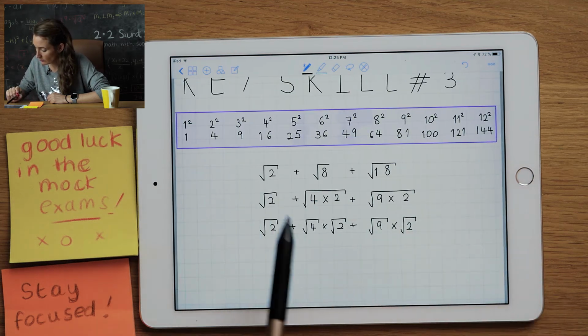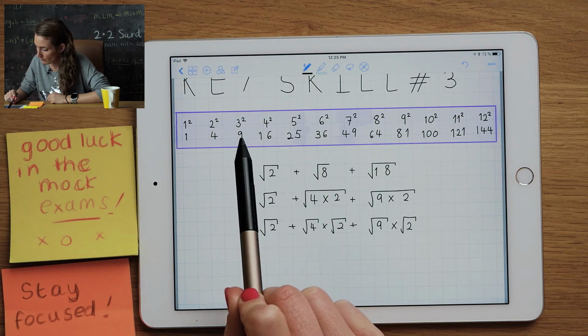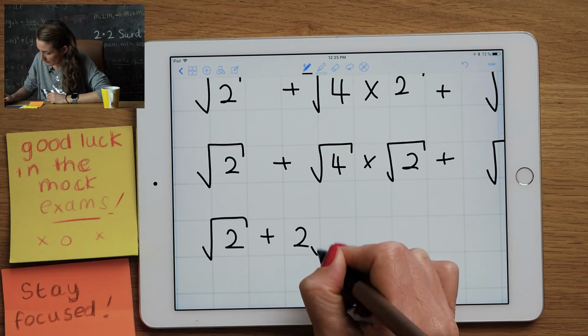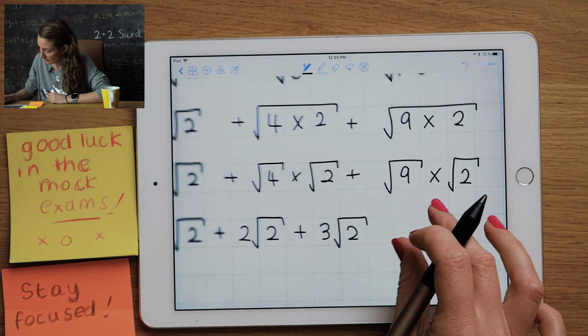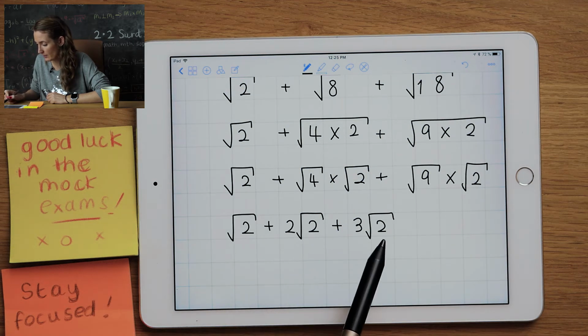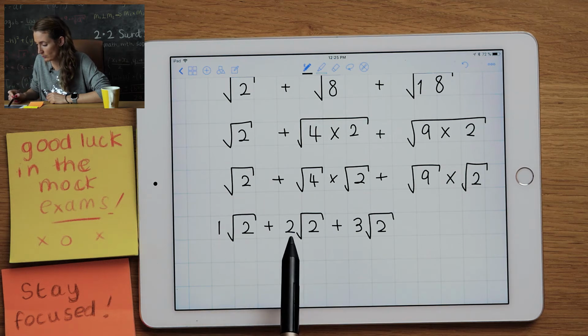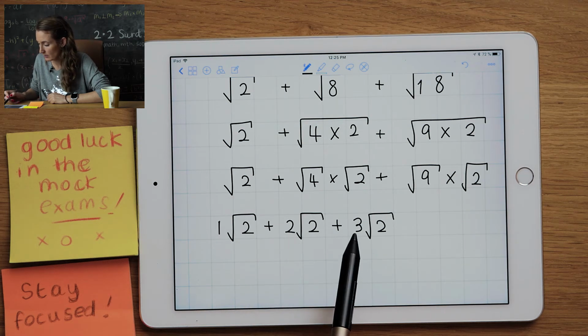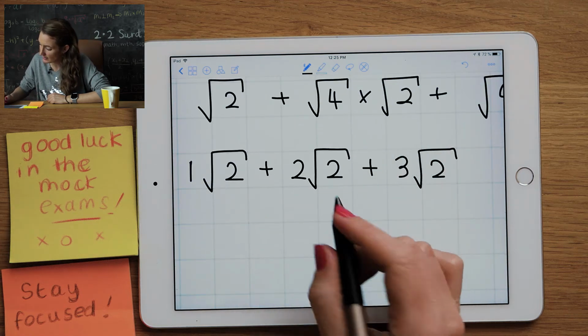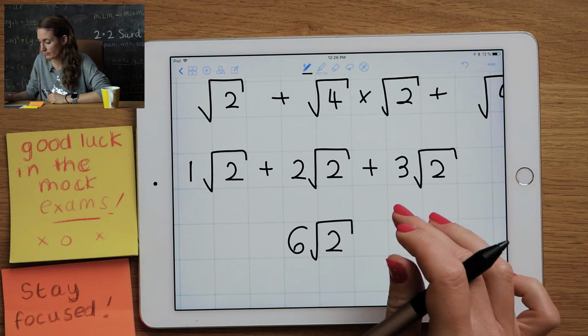Again, using my square numbers, the square root of 4 is 2, and the square root of 9 is 3. And now I've written everything in terms of square root 2, I can add them together. If you need to, add a 1 here. So 1 plus 2 is 3, plus 3 is 6. So the final answer here is 6 square root 2.